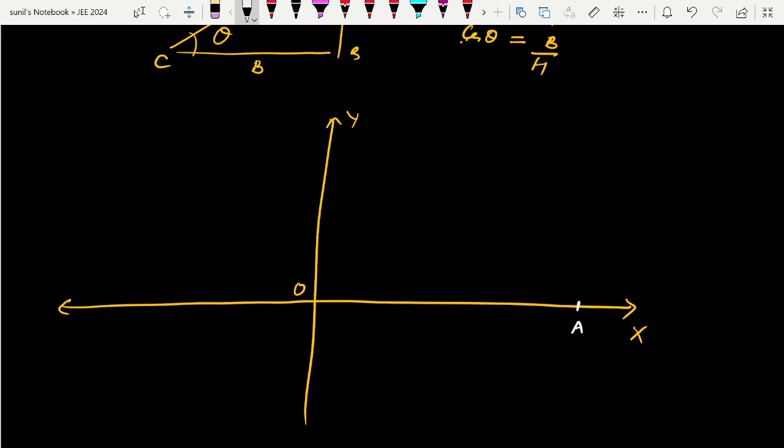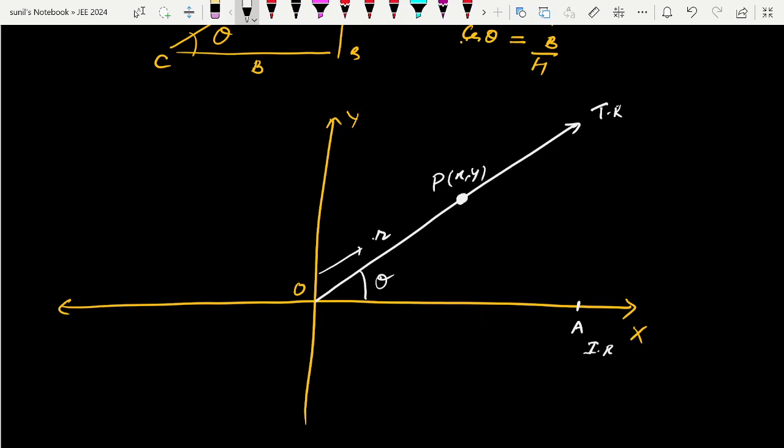Suppose this is rotated through an angle theta to obtain this terminal ray. So this is the terminal ray and OA is initial ray. Suppose there is a point P on this terminal ray having coordinate, say x comma y, and distance of this point from the origin is r unit.